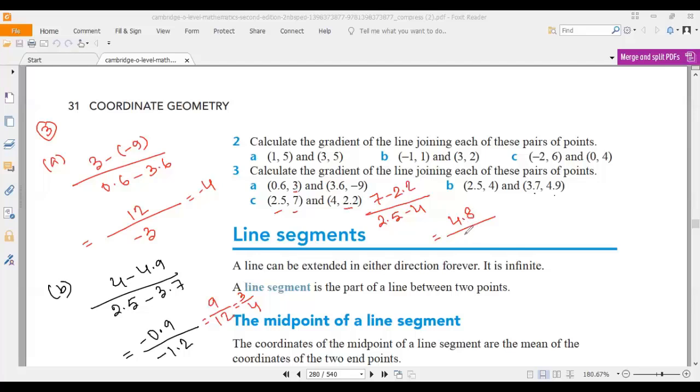And 2.5 minus 4 will be minus 1.5. So we will get minus 48 divided by 15. After dividing 48 and 15 both by 3, we can write 3 16s are 48, 3 5s are 15, or minus 3 whole 1 by 5. Very simple. So this is the solution of question number 3.